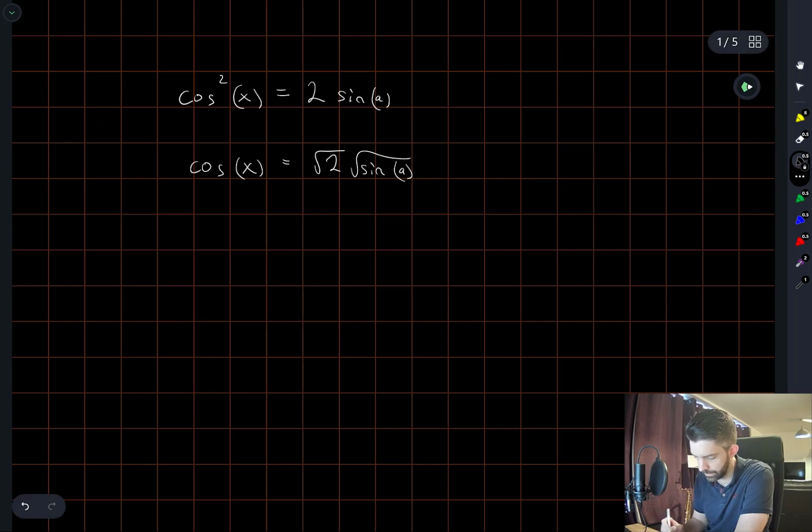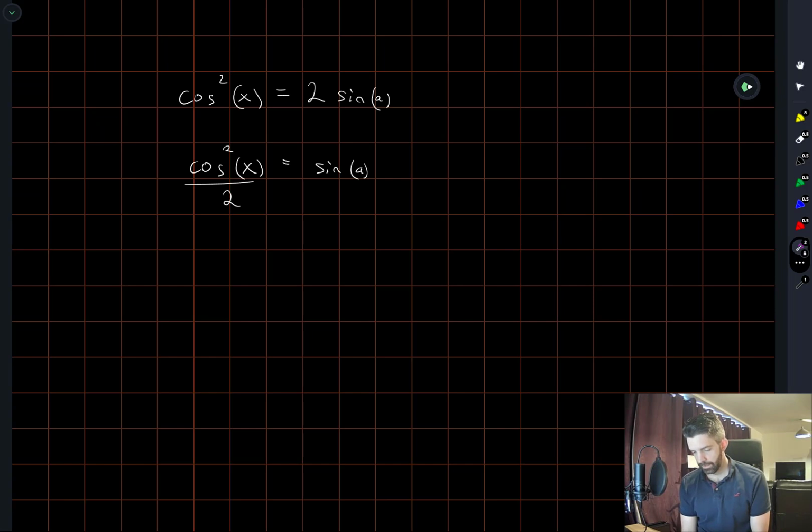Let's rewrite it so that we put the 2 on the other side: cosine squared x over 2 is equal to sine a. This isn't a good way to write it. Let's do it like this.